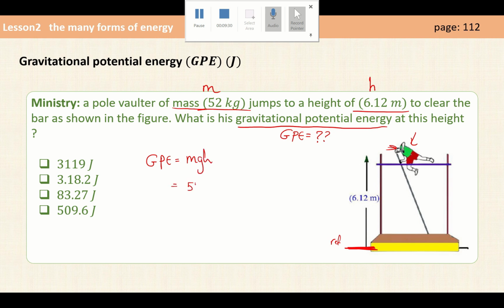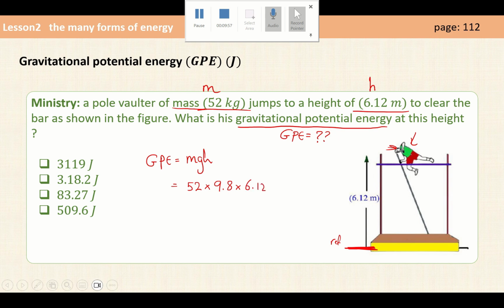Multiplying the mass, you can see all of the quantities are in their right units. So the mass is 52. And remember, g is a constant value of 9.8. g is always 9.8 on the ground, unless it's mentioned otherwise, in which case you will use the new value given to you in the exam, times the height, which is 6.12.